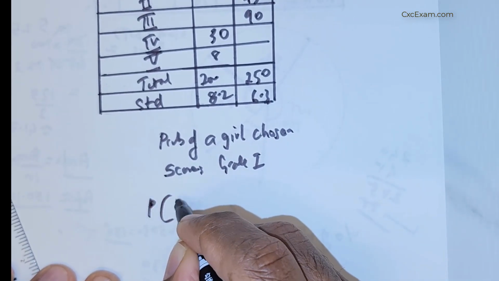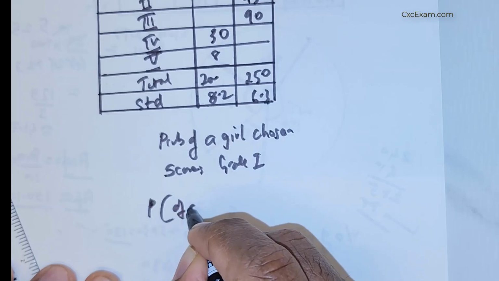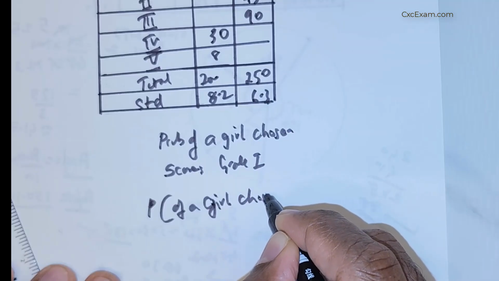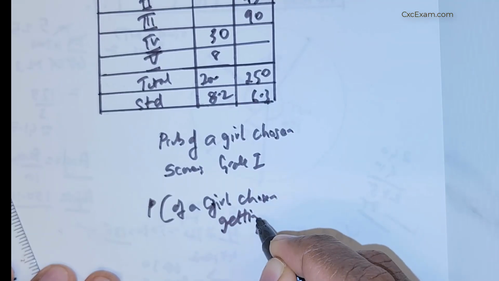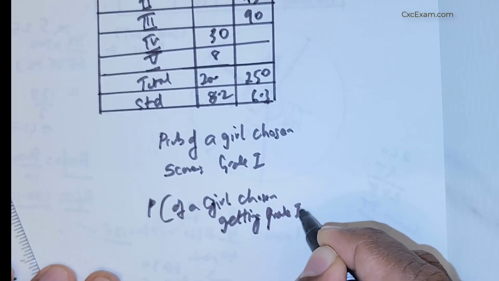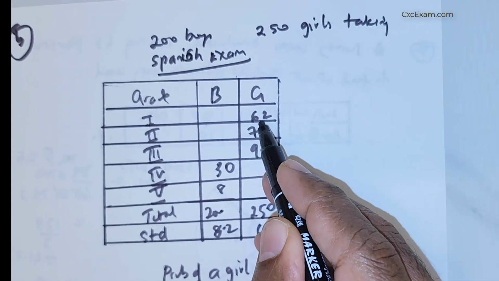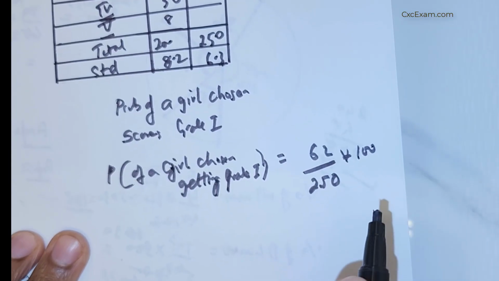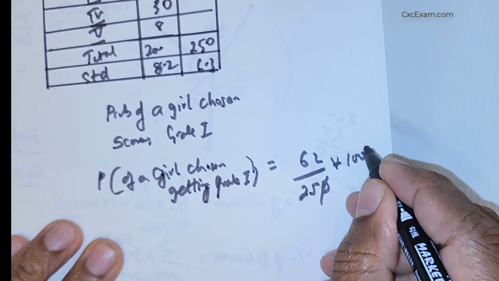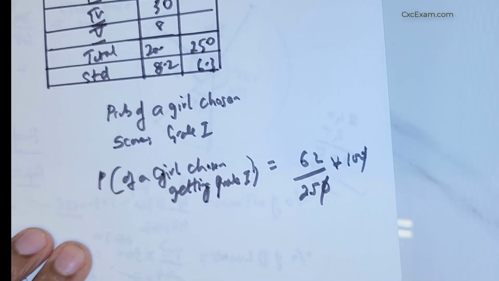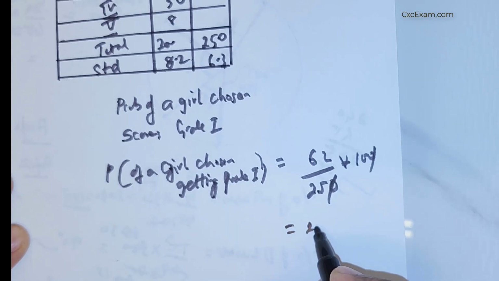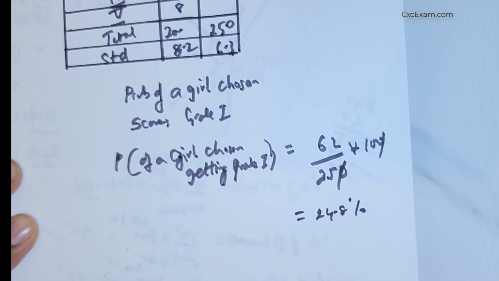So the formula is probability of a girl selected or chosen getting grade 1 is nothing but, how many girls are there in grade 1? 62. Total number of girls 250. You multiply it with 100. The zeros get cancelled, and if you evaluate this, you get 24.8%.